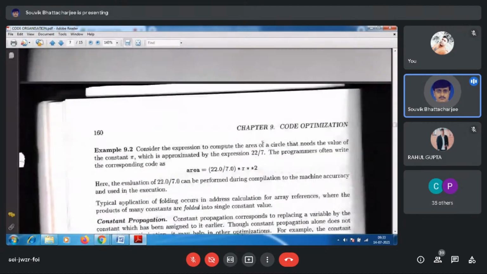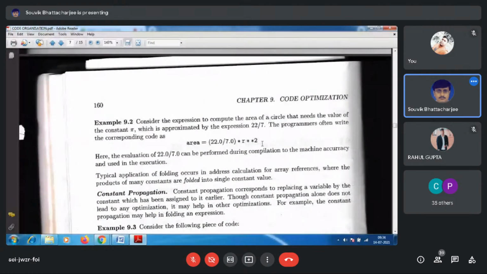Suppose you just see here also the area. Compute the area of a circle that needs the value of the constant pi, which is approximated by 22 by 7. The programmers often write the corresponding code as area equals this one. And this computation, that is 22.0 by 7.0, can be performed during compilation to the machine accuracy used.